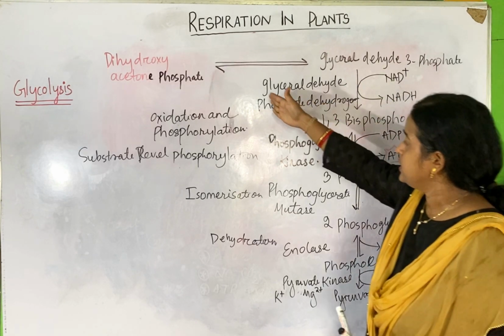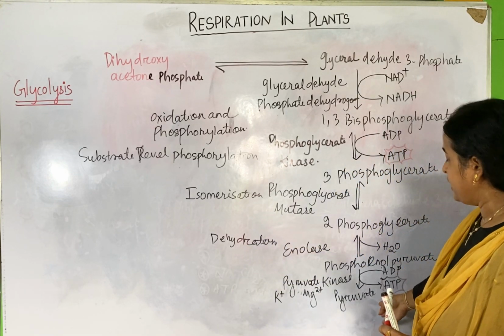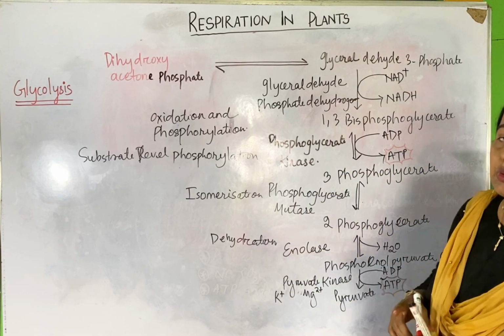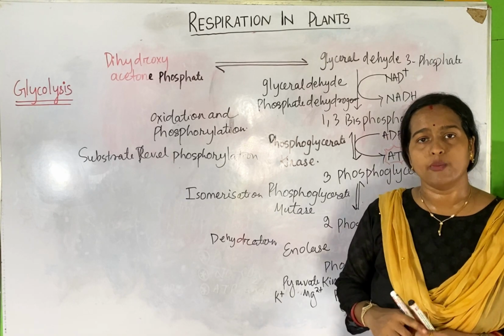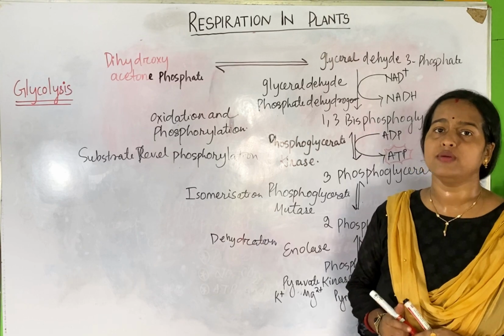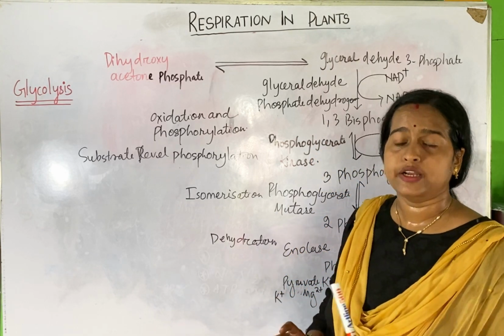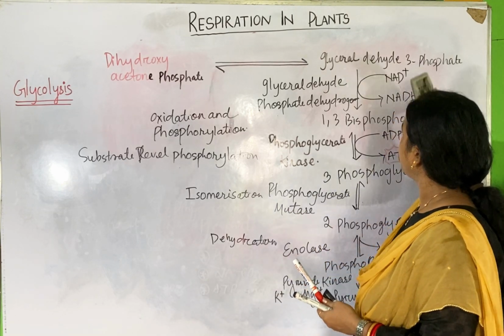So in the last stage, from 1 molecule of glucose, how many molecules of pyruvate are produced? 2 molecules of pyruvate.